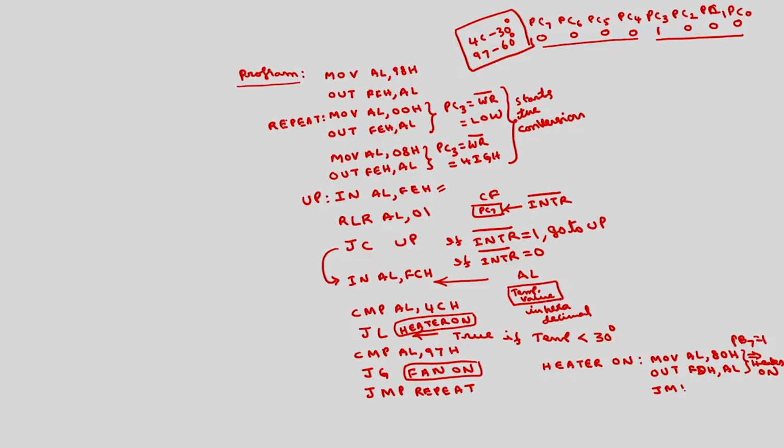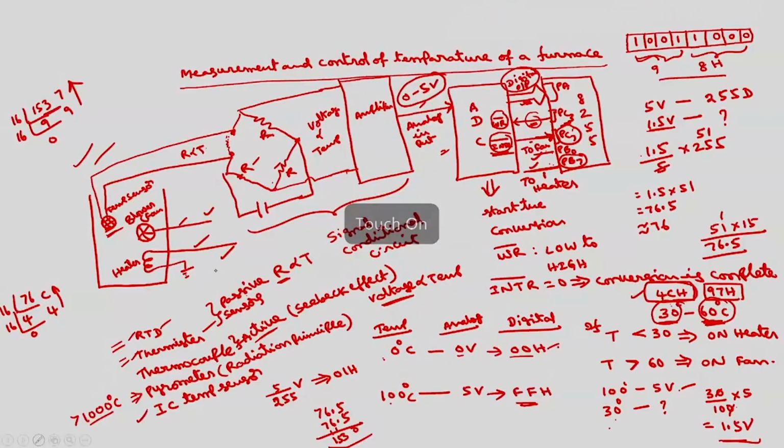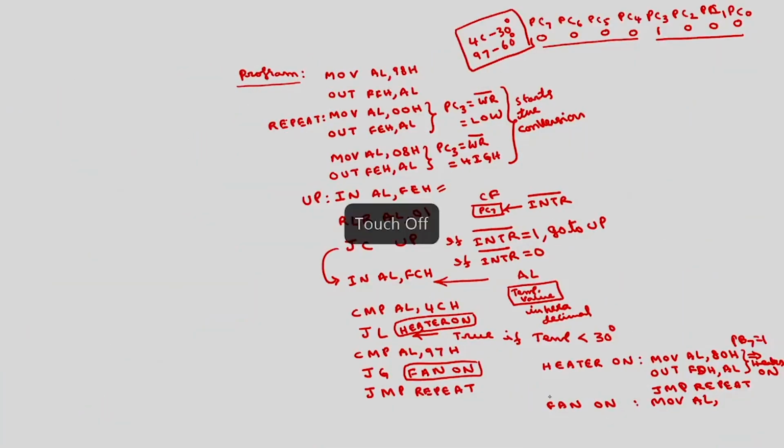Then unconditional jump, to repeat the process. Jump to the same repeat process. And fan on: move AL comma, the fan is connected to PB0. PB0 means you have to make it 01. Move AL comma 01, so that PB0 becomes 1.